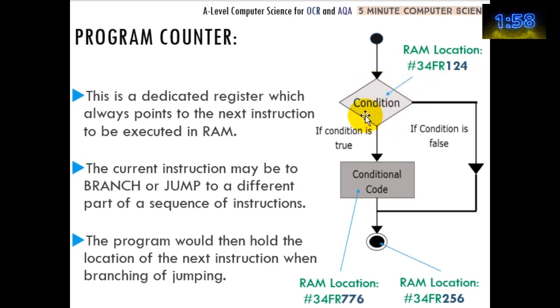So the program counter needs to say, right, well, if the condition is met, then I need to fetch the next bit of code, and that bit of code might actually be somewhere else in memory, say in 776. However, if the condition isn't met, then the next bit of code might be somewhere else, like in this bit here, RAM slot 256. So the data may not necessarily always be next to each other, and it's the program counter's job to ensure that each of those is dealt with properly.